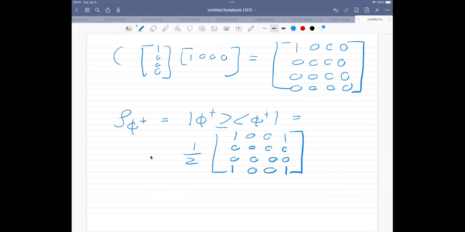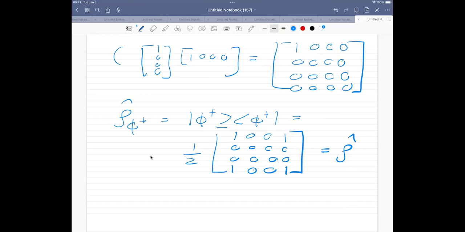So that's my density matrix. Now, when I have the density matrix, I can perform measurements. But you should note another thing here. Let's just call this rho, and let me put hats. I skip the subscript with phi plus.